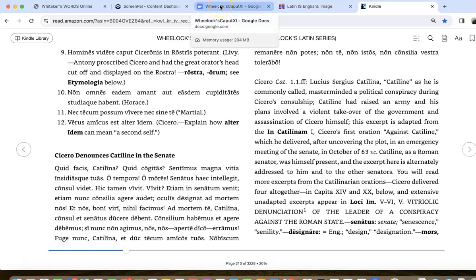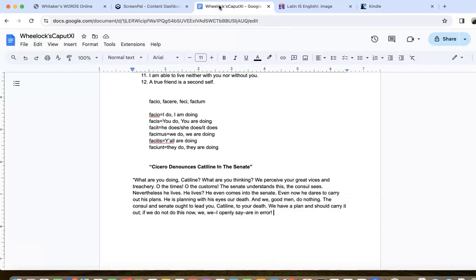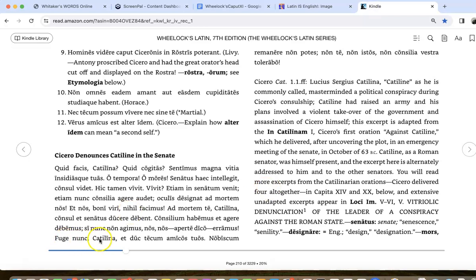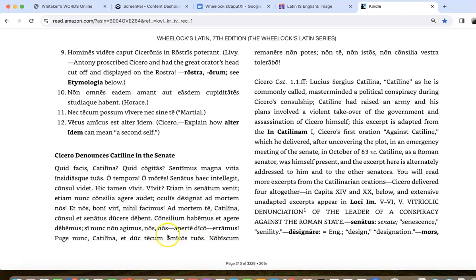Flee now, Catiline, and take your friends with you. So there's the imperative, going back to chapter 1. So flee now, fuge nunc, Catiline, and take, duc, your friends with you.